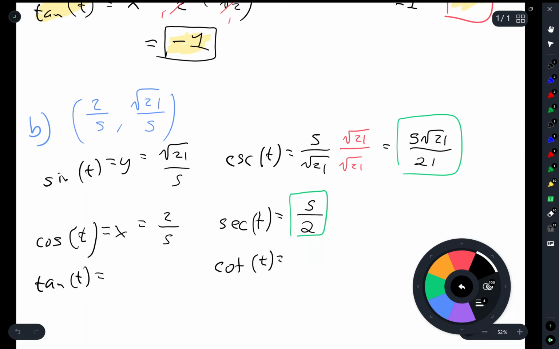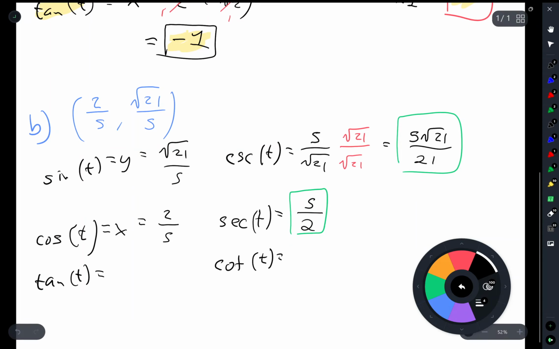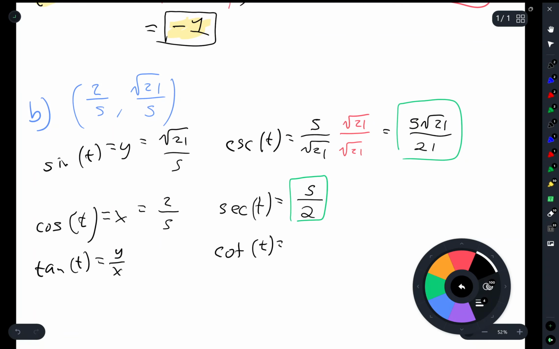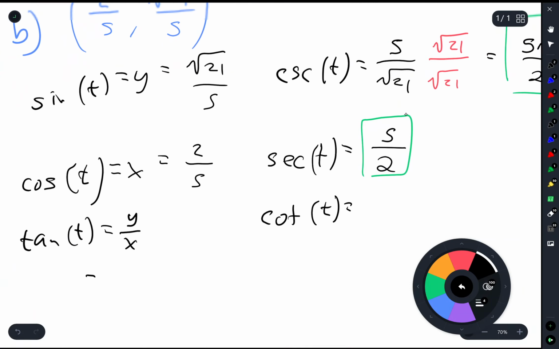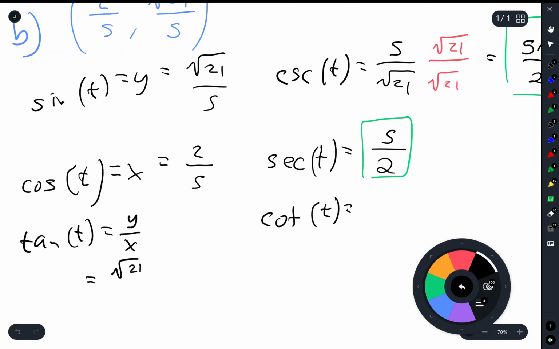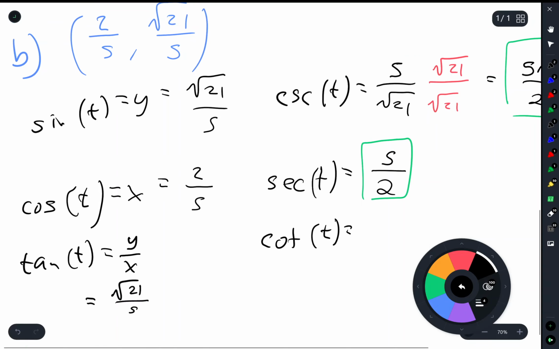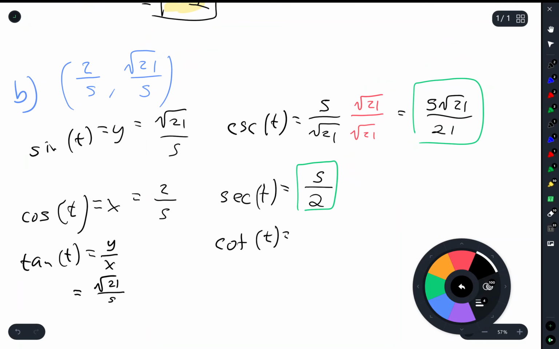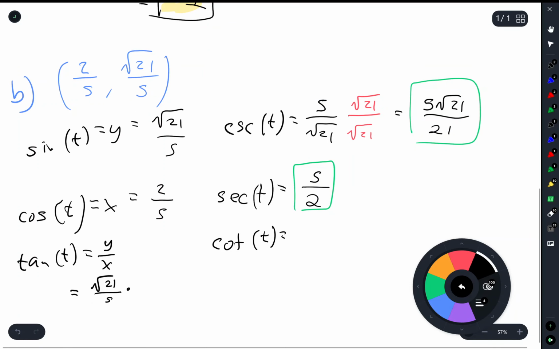Okay, last but not least, tangent of t. That's y over x. And in this case, your y is root 21 over 5. And again, instead of dividing by my x of 2/5, I can multiply by its reciprocal. And you see actually this one ends up being very easy.